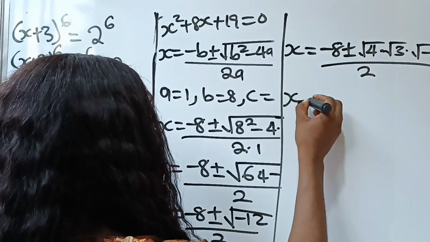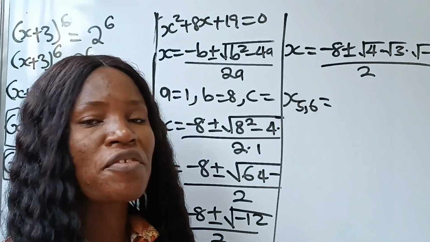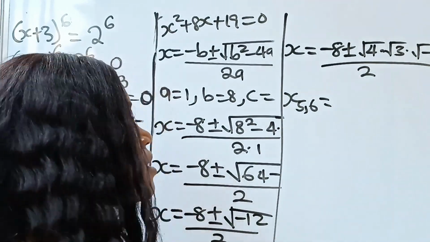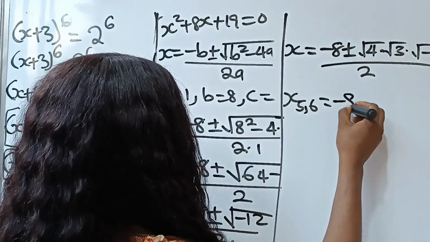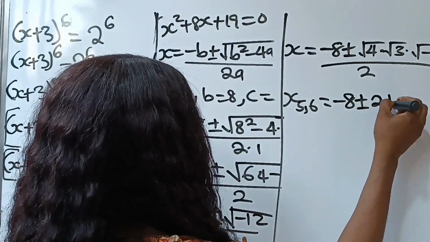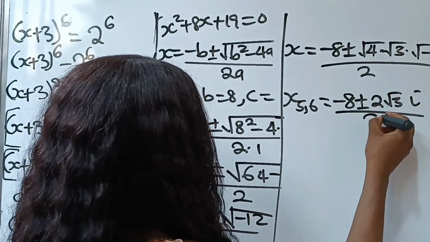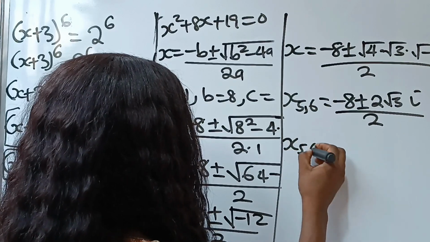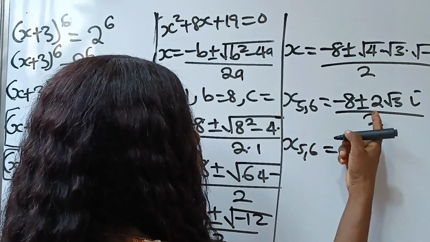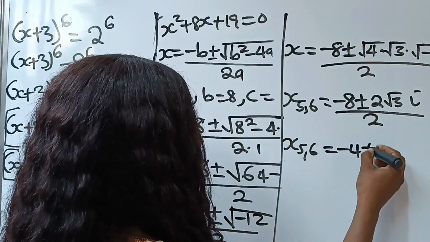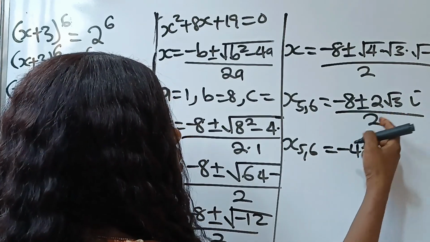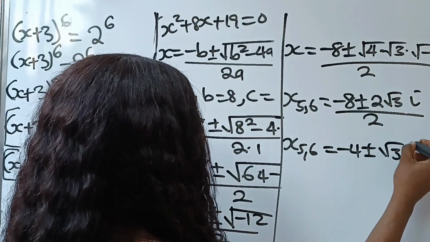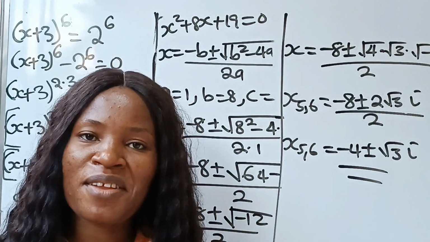We're actually looking for the fifth and sixth value of x. So x is equal to minus 8 plus or minus 2 root 3i divided by 2. So x fifth and sixth is equal to minus 4 plus or minus root 3i. So these are the 6 values of x.